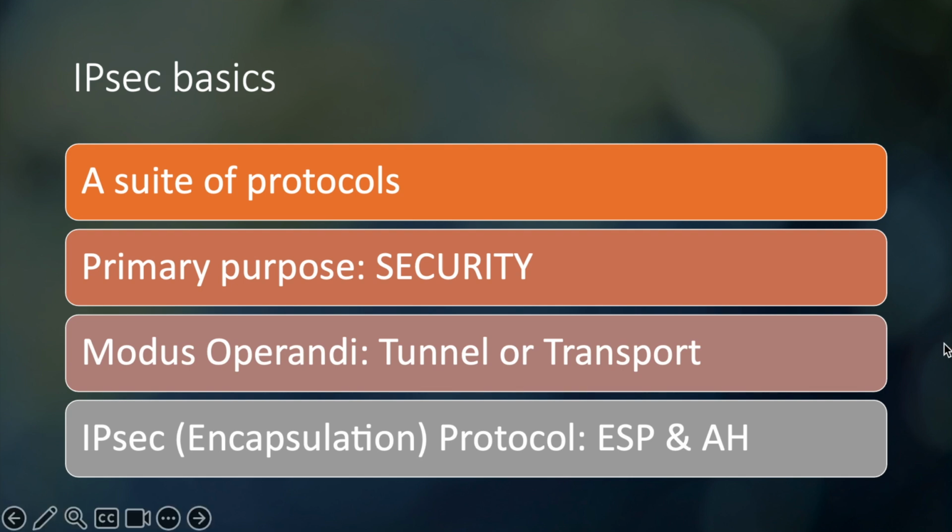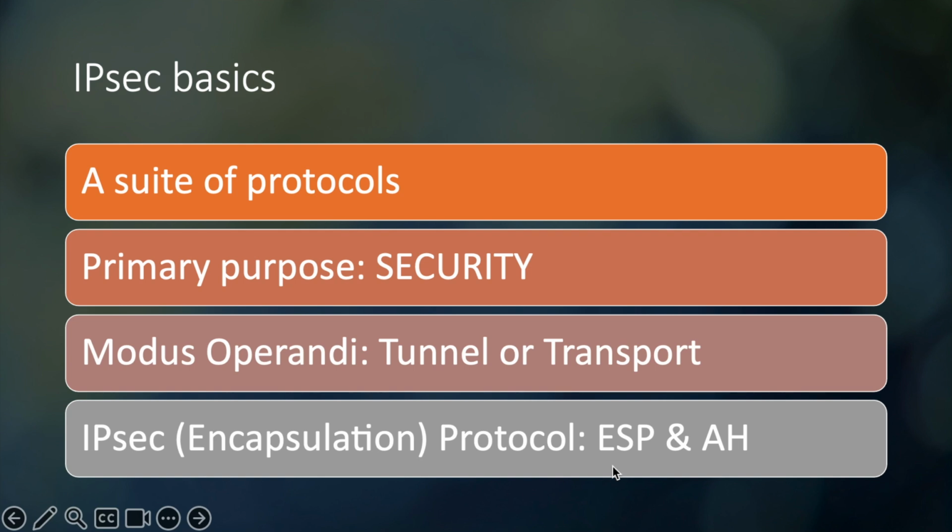And then we have the IPsec protocol, which sometimes gets confusing because you're like, what does that mean? I like to call it an encapsulation protocol or encapsulation framework protocol. This is how the IP packet is going to look once IPsec has done its job. There are two protocols that IPsec uses: ESP, the Encapsulating Security Protocol, and Authentication Header. The authentication header only provides authentication and integrity to the packets that are flowing between the site to site.